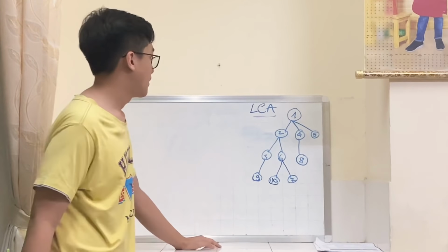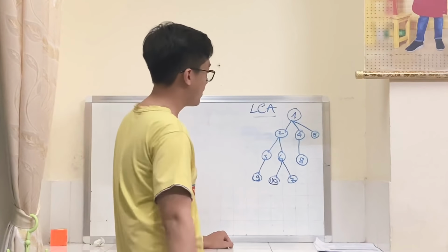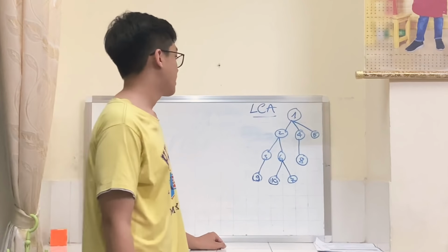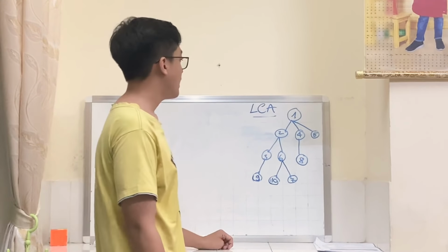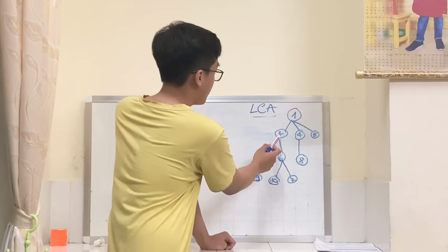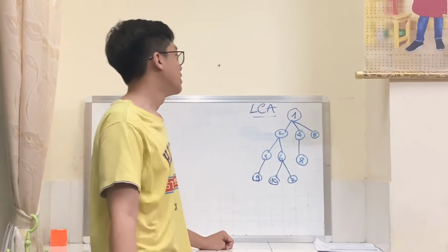For example, I want to find the path between nodes 9 and 7. It will be 9 to 3, 3 to 2, 2 to 6, and 6 to 7. So the length is 4, and it passes through the lowest common ancestor.